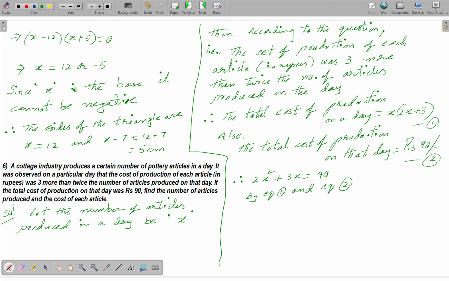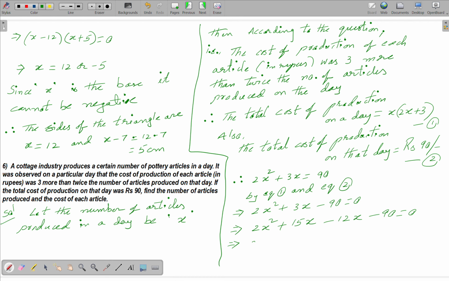Now further simplification by the splitting middle term method, we will get 2x square plus 3x minus 90 is equal to 0. Then further simplification, 2x square plus 15x minus 12x minus 90 is equal to 0.